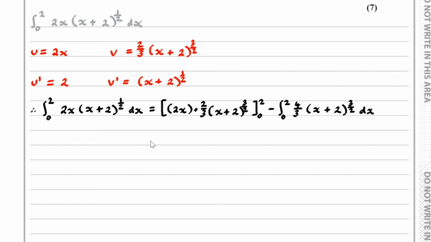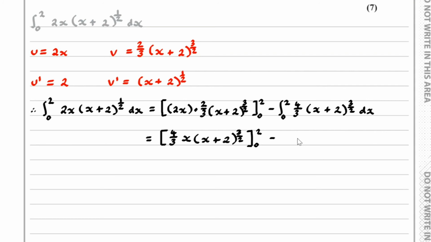So what do I end up with over here? Well, 2x times 2/3, that will be 4/3 x, and then I'm multiplying that by x plus 2 to the power of 3 over 2. And I'm going to evaluate that between 0 and 2. And then if I work out the integral of 4/3 times x plus 2 to the 3 over 2, we can use the reverse chain rule.